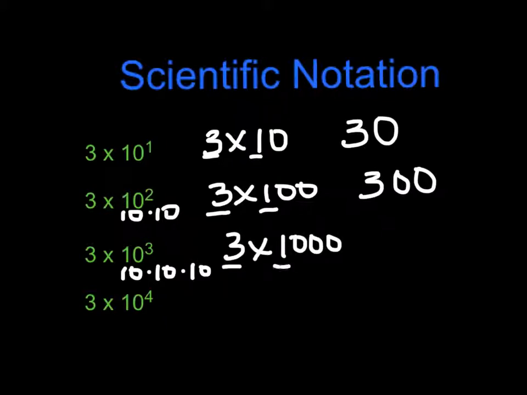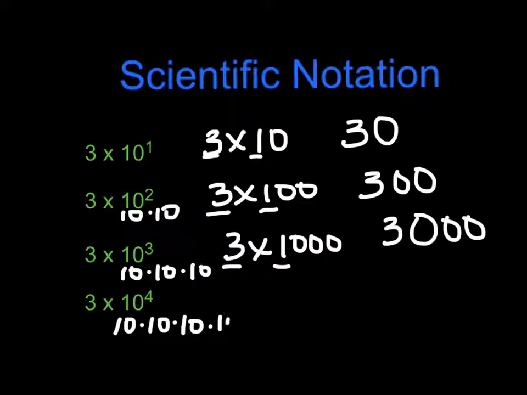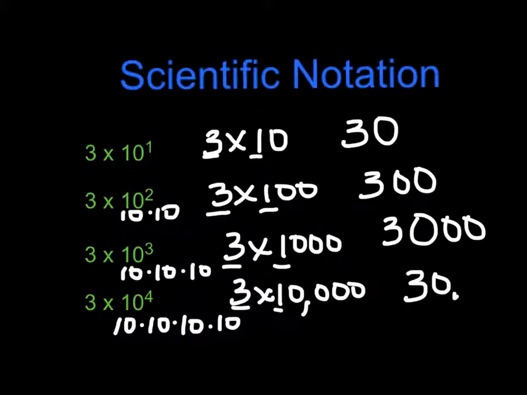So again, multiply your non-zero numbers, 3 times 1, which is 3, and you add 3 zeros. 3 times 10 to the fourth, you got it, it's 10 times 10 times 10 times 10, which is 10,000. So 3 times 10,000, multiply your non-zero numbers, which is 3, and add 4 zeros onto the end.